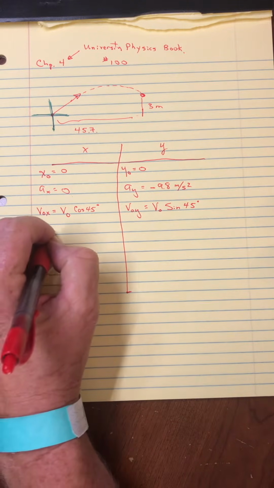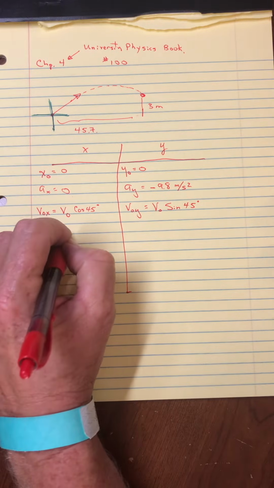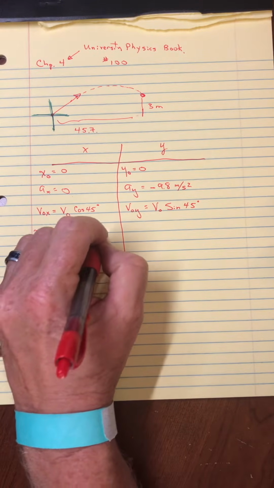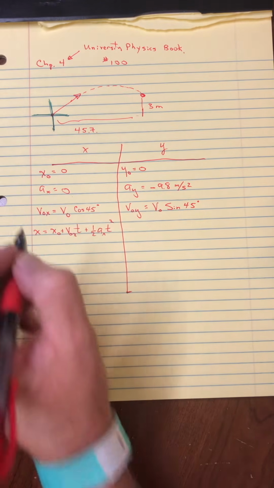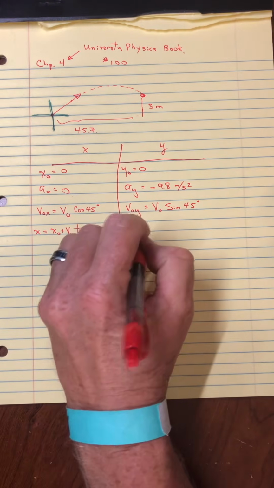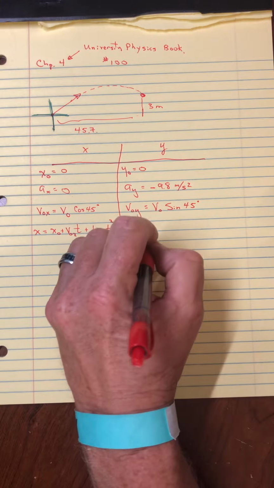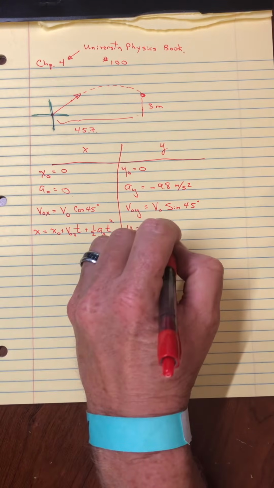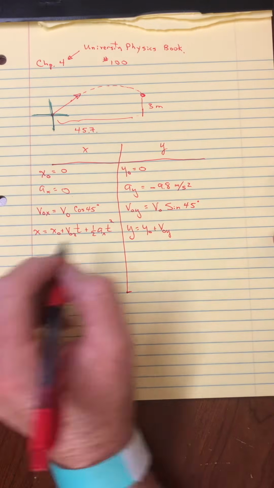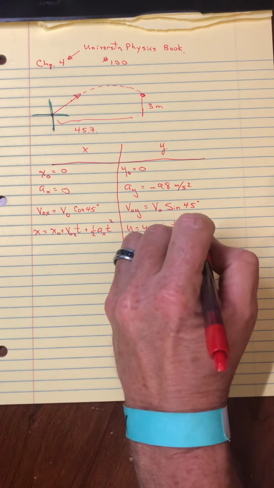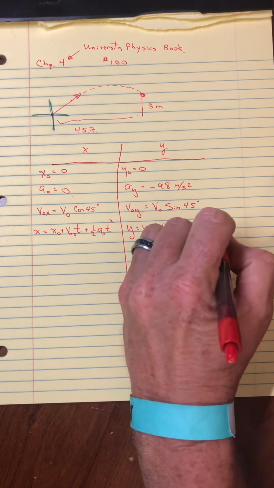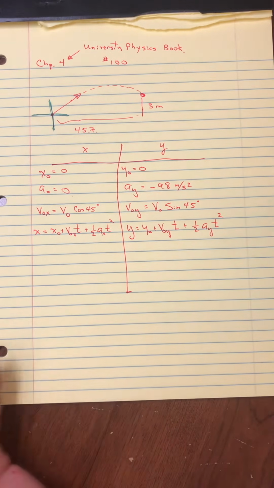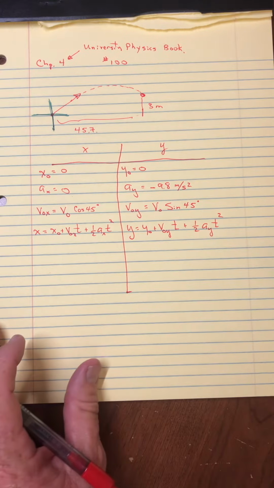Then I like to start off with the second kinematic equation, maybe not all the time, but in any problem where nothing seems to be given or needed for the final velocity, because kinematics equation number 2 is the one to use when you don't know or want the final velocity.